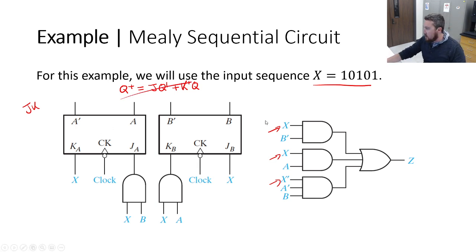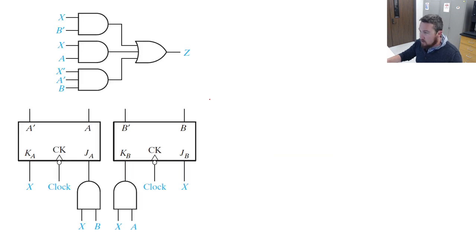It's not like a D flip-flop where it's just Q is equal to D. Here we actually have kind of a strange equation for what our behavior is going to be. So let's dig into it and unpack what we've got.